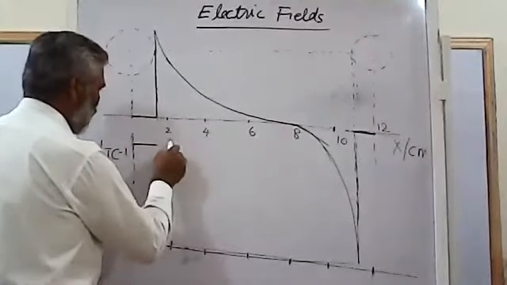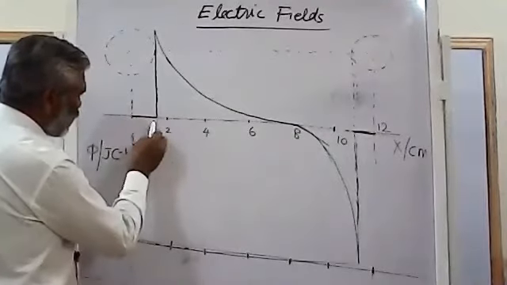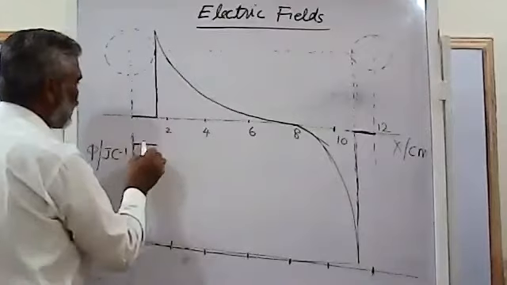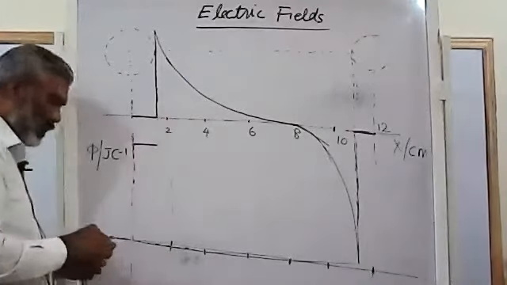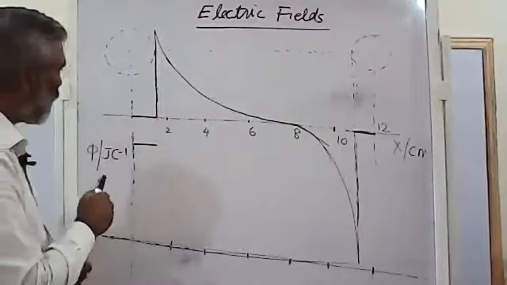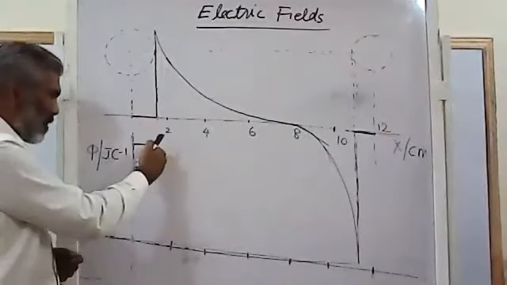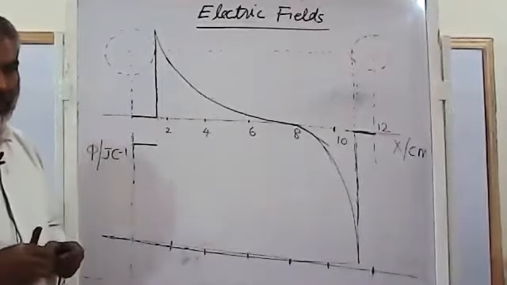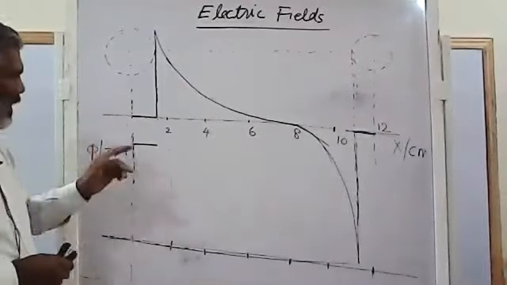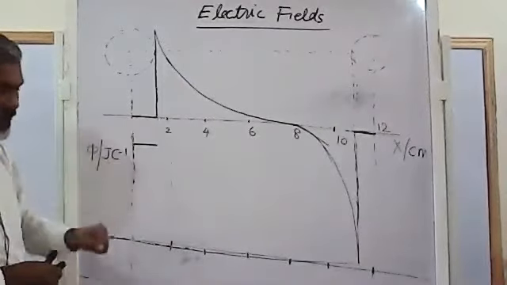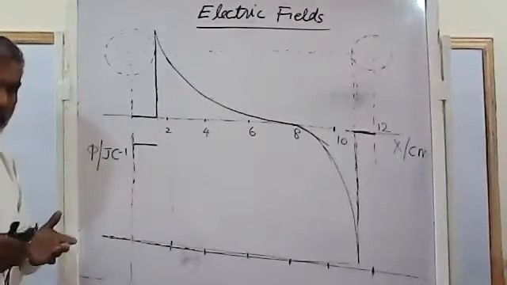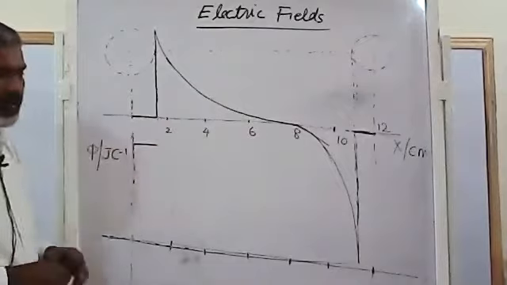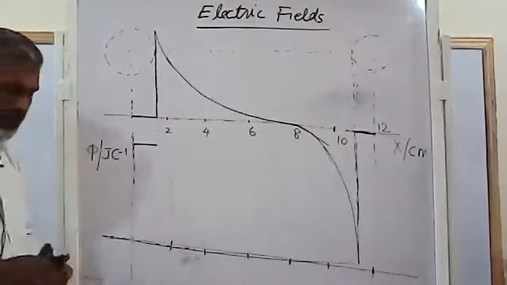So if this is 2, and before 2 it finishes, I mean its radius is less than 2, the potential will remain constant up to the same point up to which the electric field was 0. So if electric field is 0 up to, let's say, 1.8 or 1.6 centimeter on this scale, potential is constant for exactly the same distance.